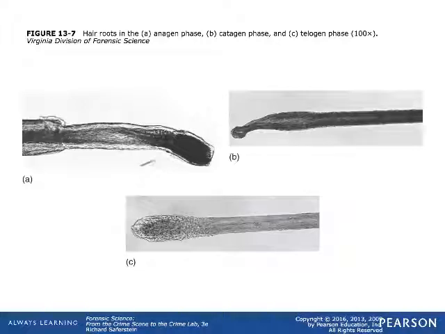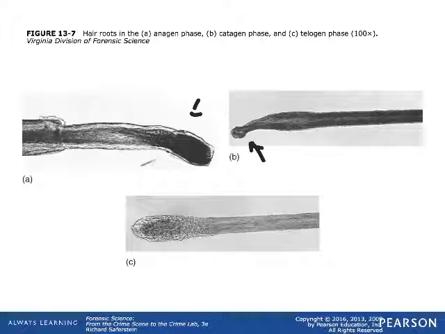Here are some pictures where you can see the phases. In anagen, where the hair is first starting to grow, the root is kind of big. In catagen, the root is more condensed.